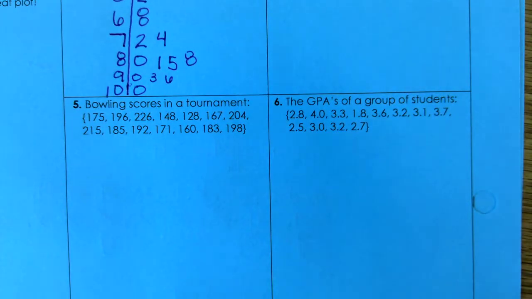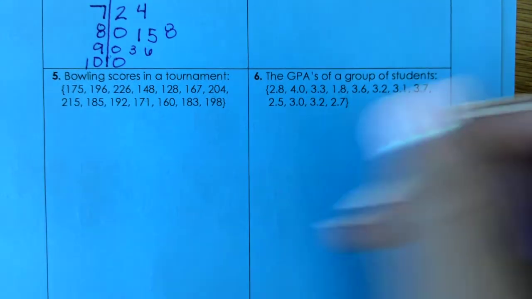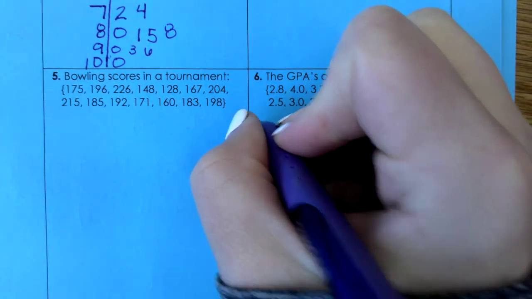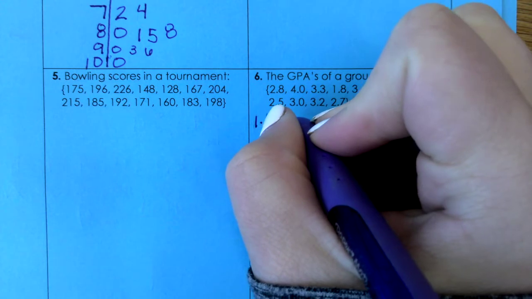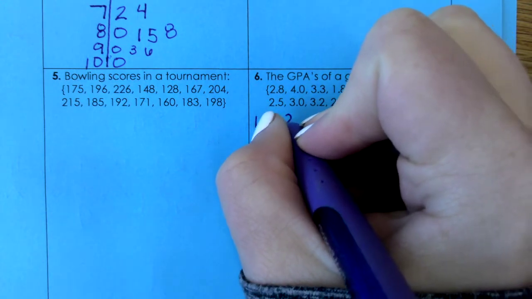So what I'm going to do again is I'm going to write them in order from least to greatest. So my smallest would be 1.8. Then comes 2.5.